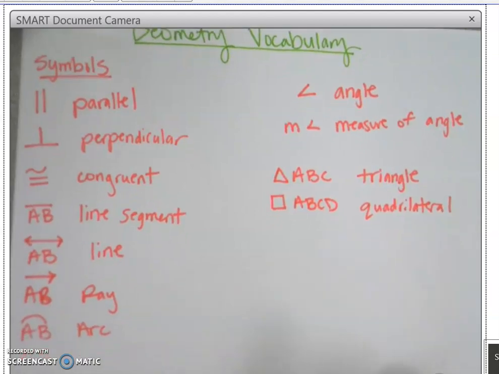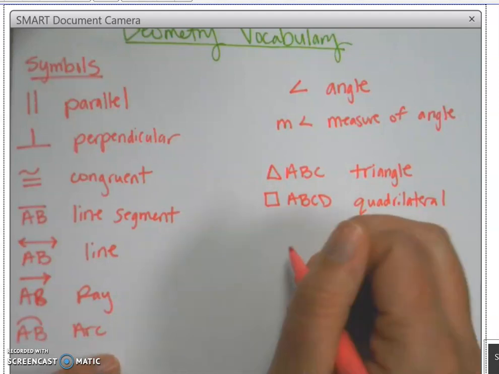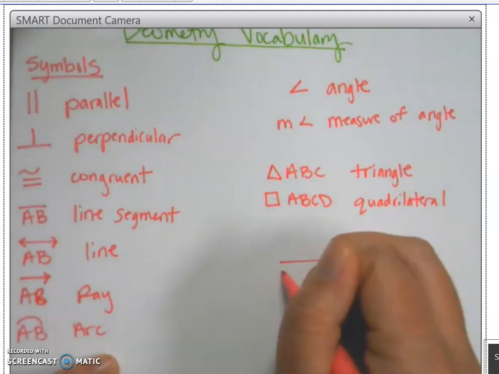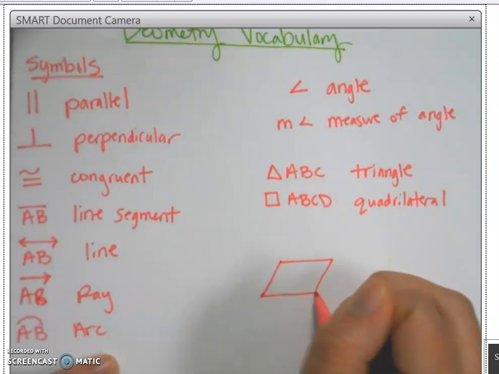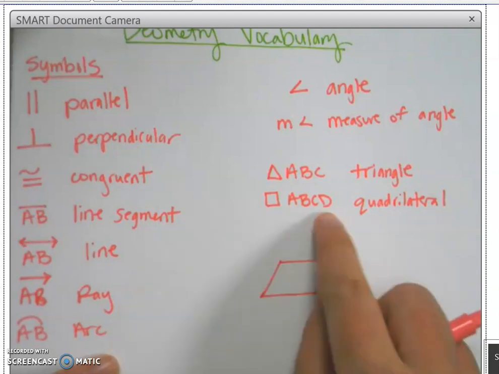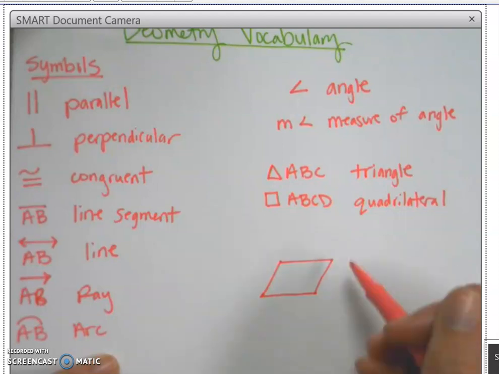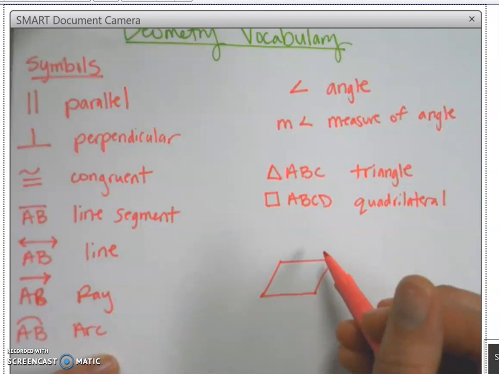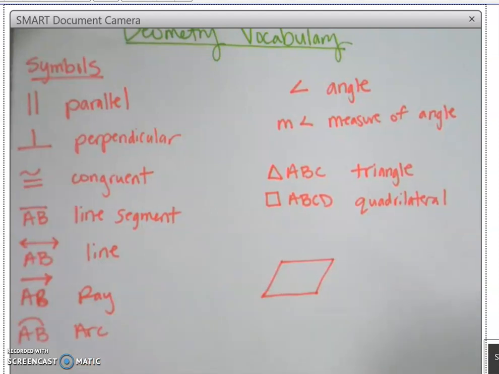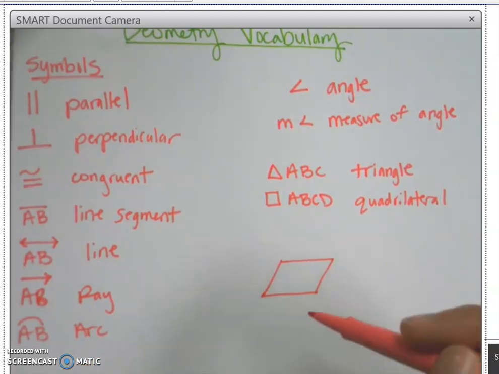And anytime you name a quadrilateral, I'm just going to do a parallelogram, for example. So this is a parallelogram. If I was going to name it ABCD, you always go around the shape. You never, ever cut across. It doesn't matter where you start as long as you go around. It also doesn't matter which way you go around. You can go clockwise or counterclockwise.